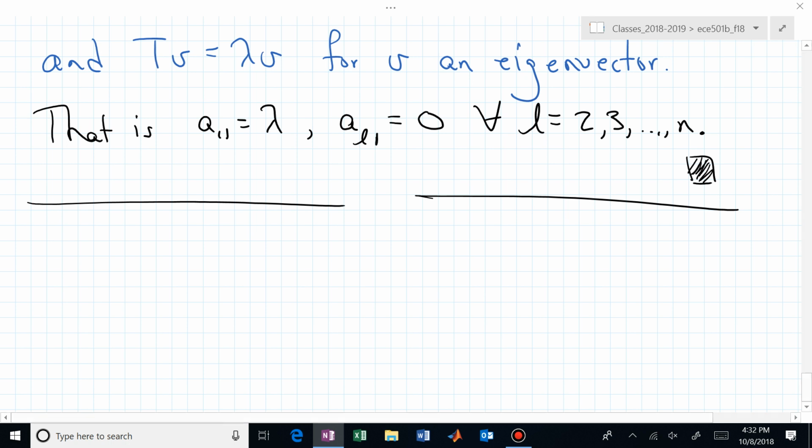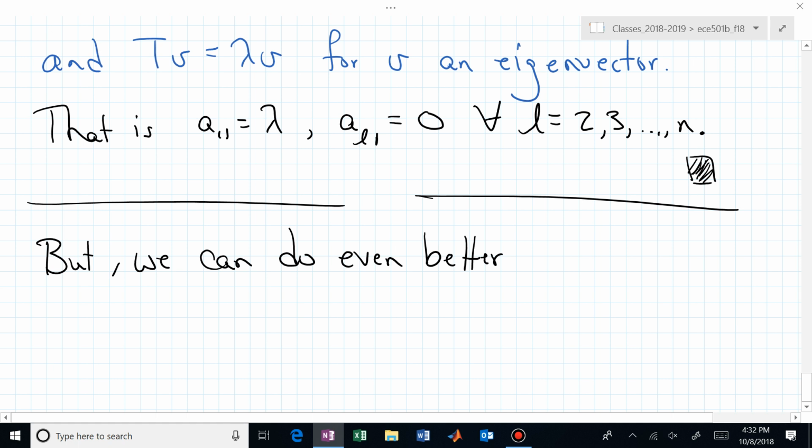So we can do a lot better than that. We can do even better than the above.